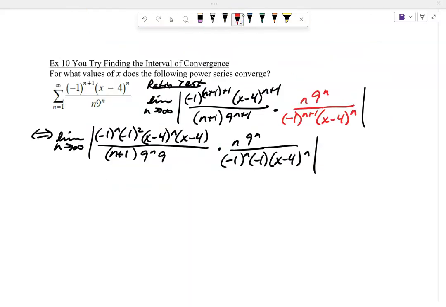We've written out the ratio test here. I'm going to start canceling whatever I can cancel. So I got n over n plus 1. I got -1 squared, which is just a positive 1.